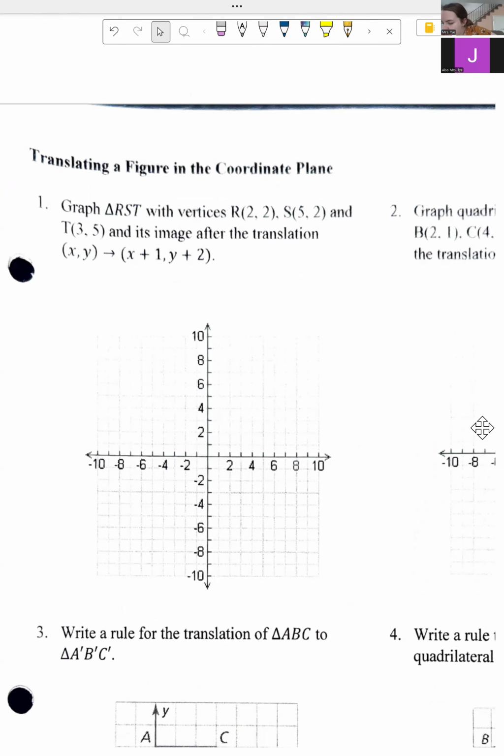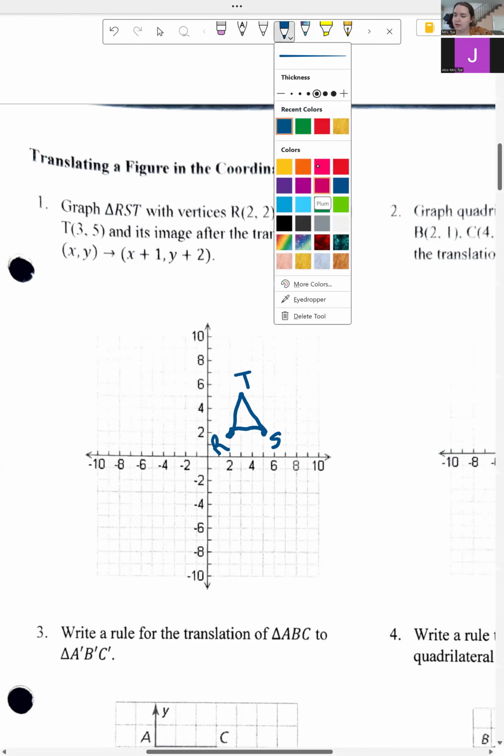So we have a point at (2, 2) right there, (5, 2), and (3, 5). And you're going to connect and label. So this one was R, S, T. Okay. And then we're going to graph this new transformation in a different color. I'm going to do pink.